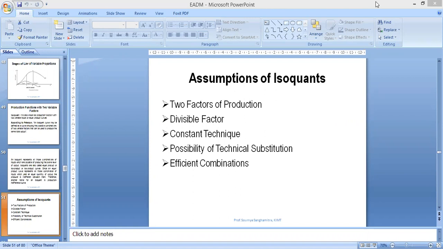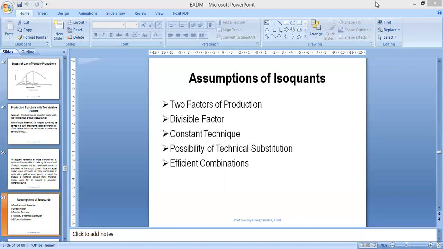This makes the geometric exhibition of the concept easy since we can easily draw a diagram. If we abandon this assumption and consider 4 or 5 factors of production, in keeping with reality, we would not be able to make use of the diagrammatic representation and would have to resort to the algebraic method. So we have to use only two factors of production.